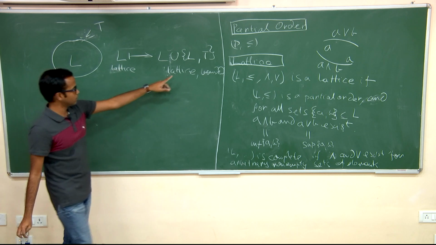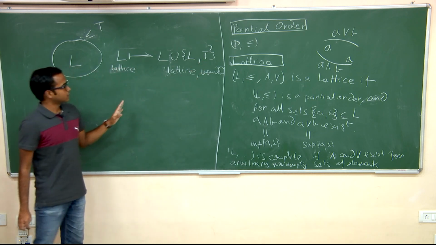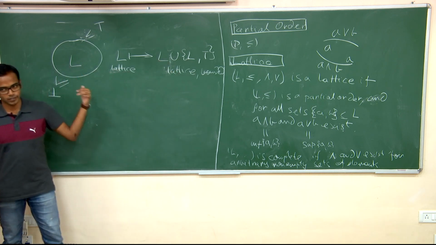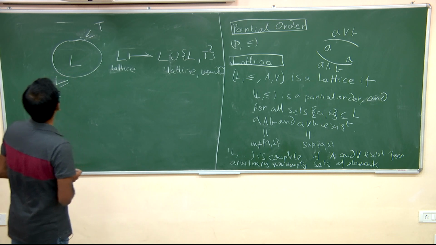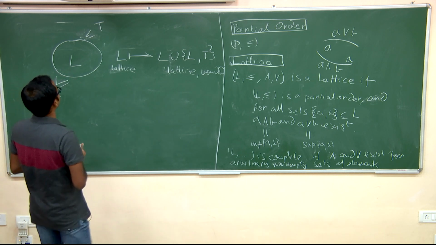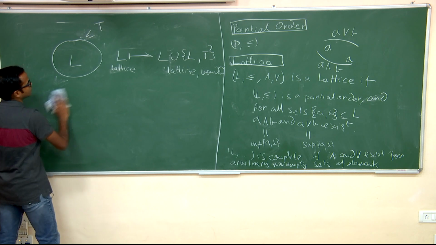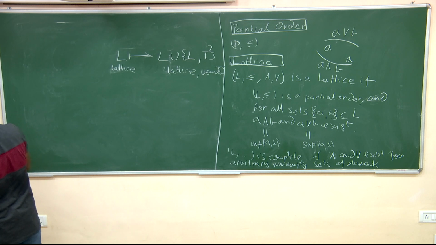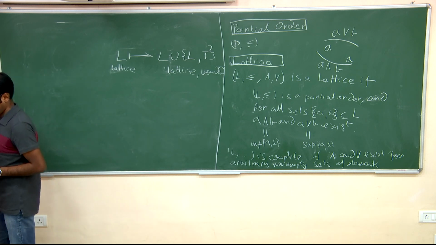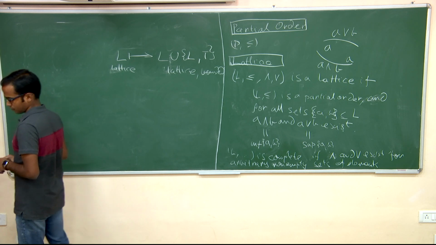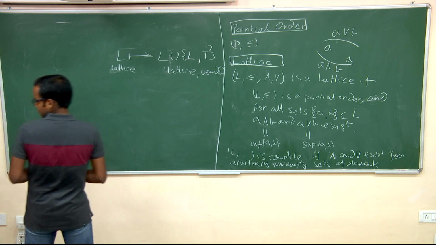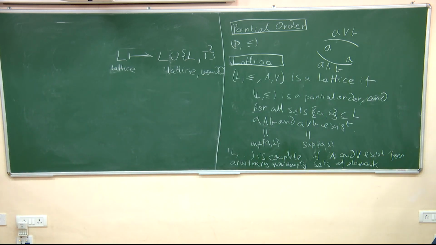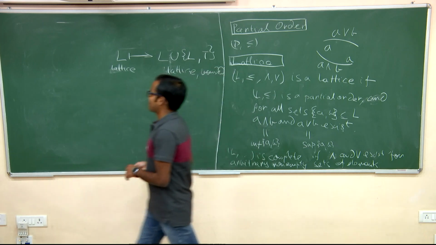So we'll look at a certain kind of set, and we'll convert it into a bounded lattice by doing this. So we've looked at lattices, bounded lattices, top, bottom.